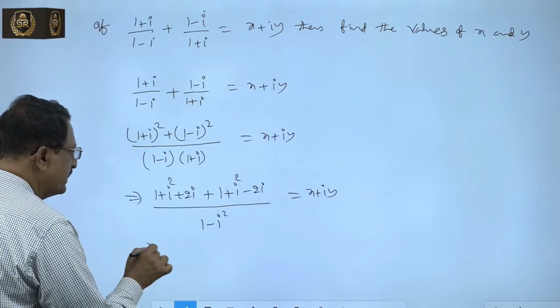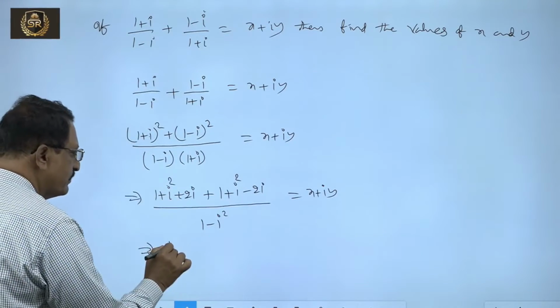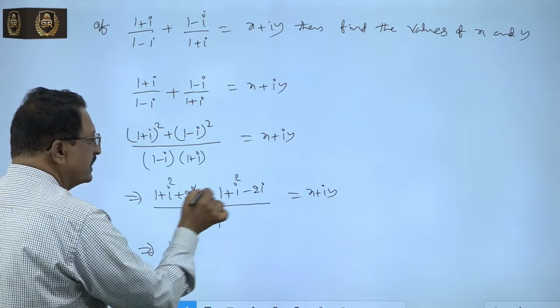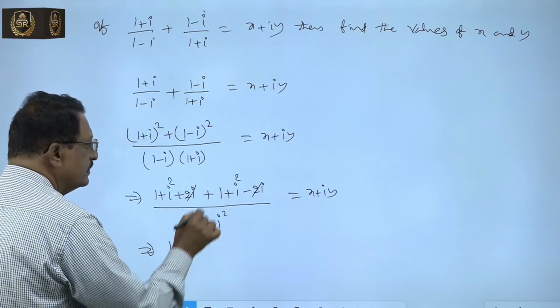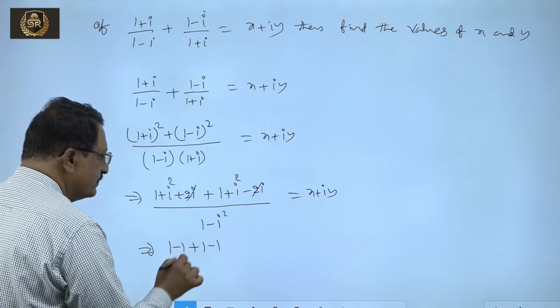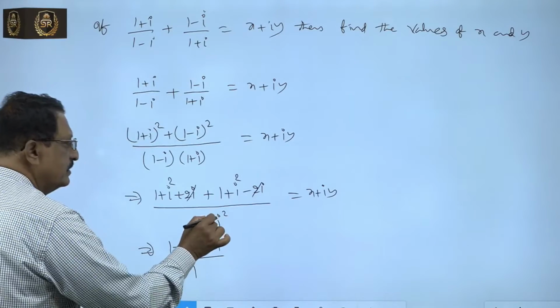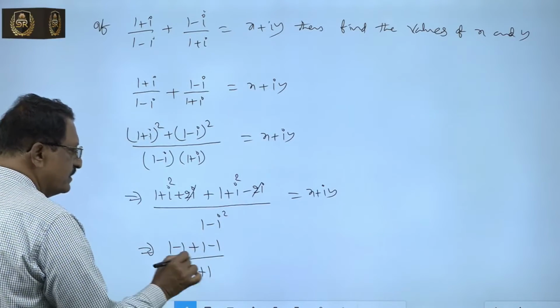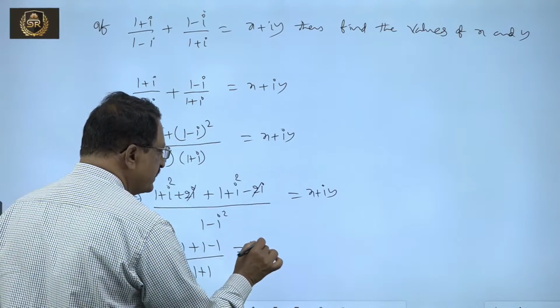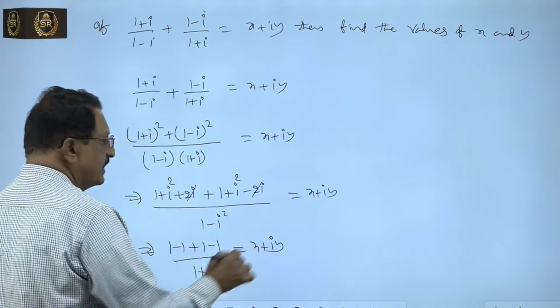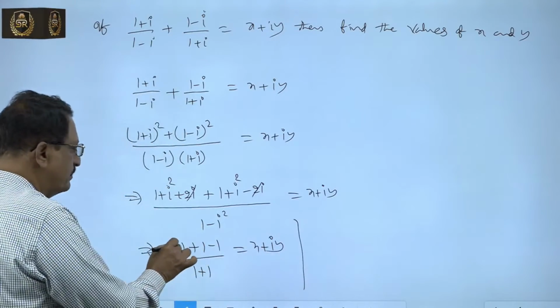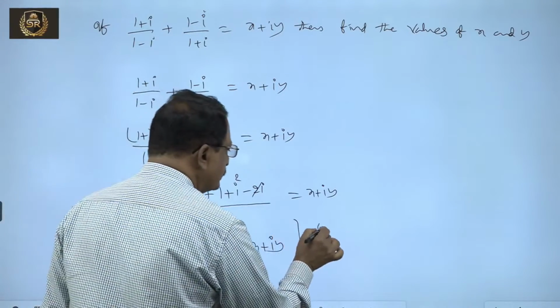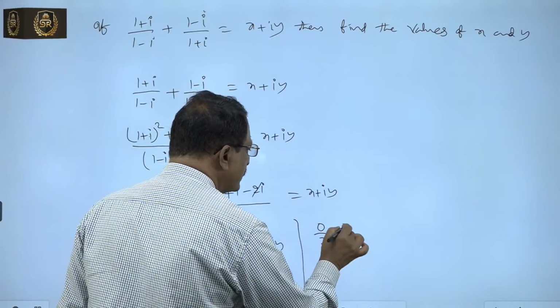Now 1 plus i square plus 2i, plus 1 plus i square minus 2i. Here i square equals minus 1, plus 2i minus 2i get cancelled, plus 1 plus i square equals minus 1. Denominator: 1 minus i square equals plus 1. That equals x plus iy. Now numerator: 1 minus 1 plus 1 minus 1, 0 by 2 equals x plus iy.